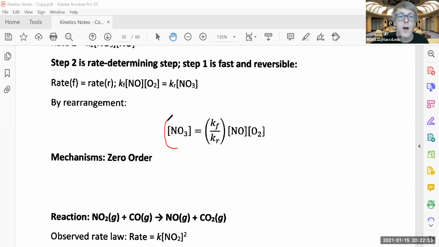So whereas I can't measure the intermediate accurately, I can measure this accurately.